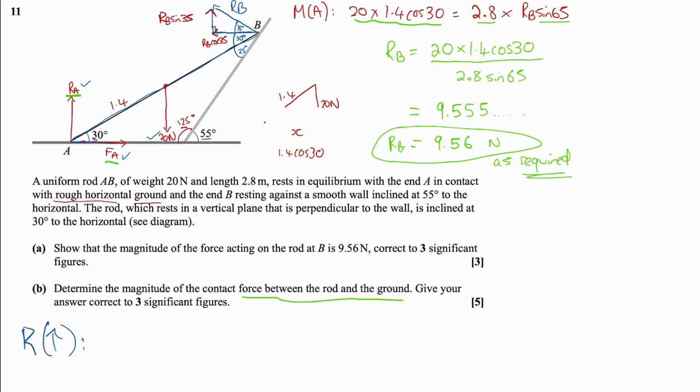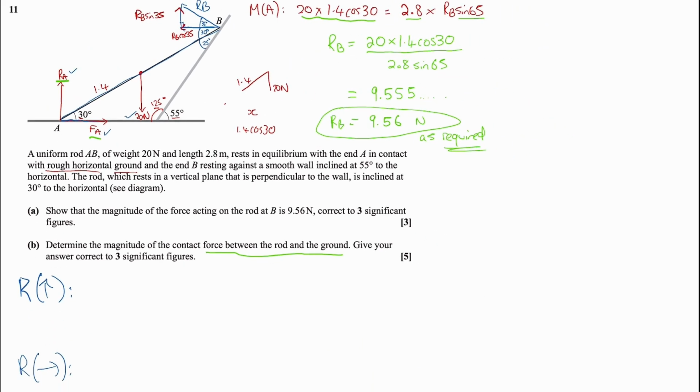So we're now ready to resolve. Let's start with vertically. We've got RB sine 35 acting upwards, we've also got RA acting upwards, and we've got 20 acting downwards. Let's do the same for the horizontal.